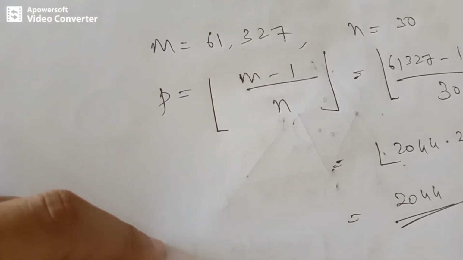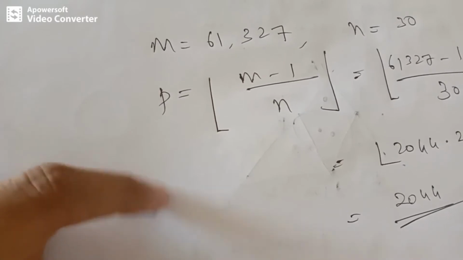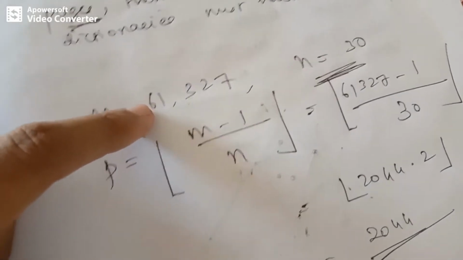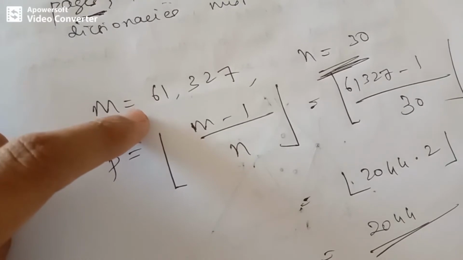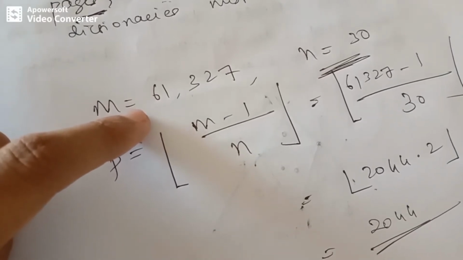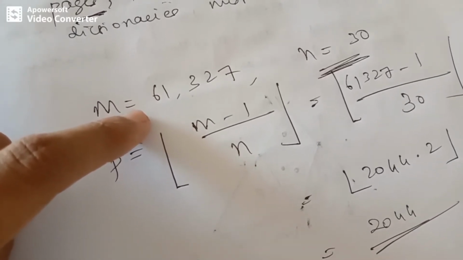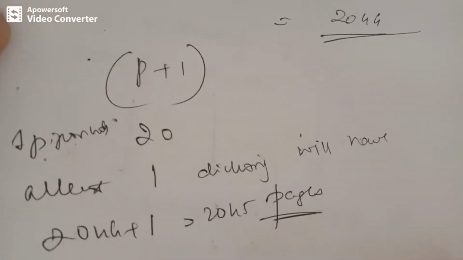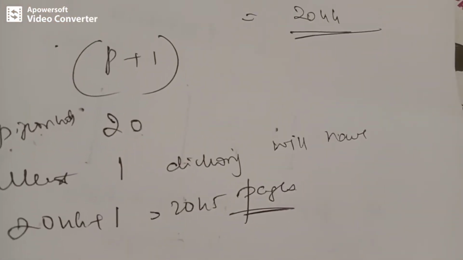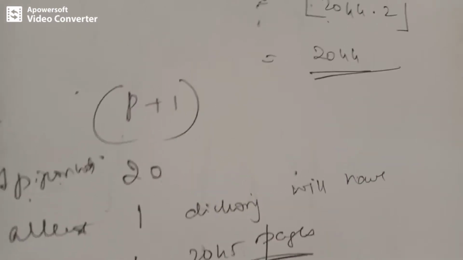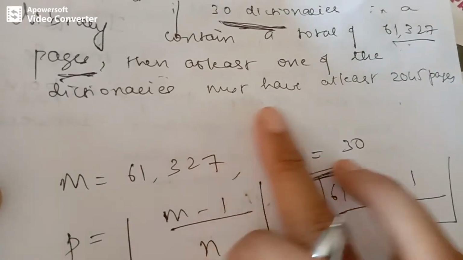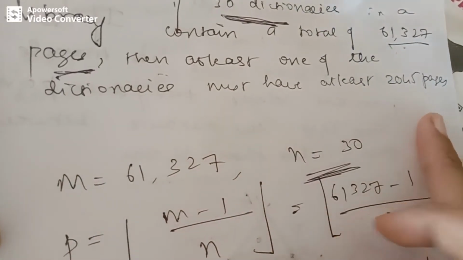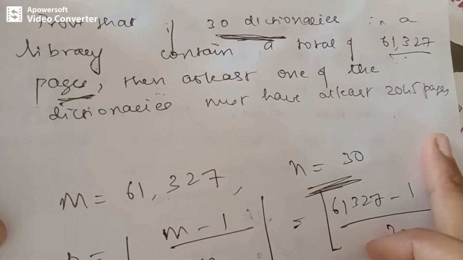So at least one dictionary will have 2044 plus 1, that is 2045 pages. That is what we have to write: at least one dictionary must have at least 2045 pages. That is what we have proved.